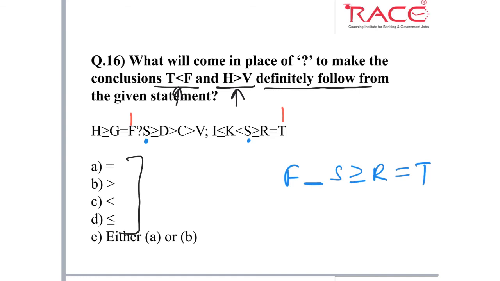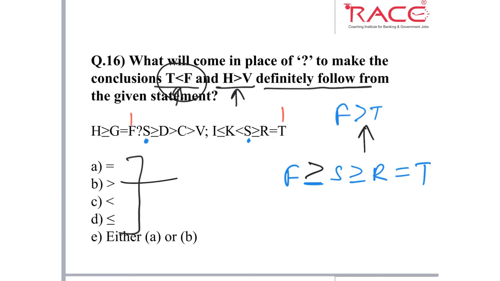So T less than F equals F greater than T. Okay. So now which sign can I put between these options? So I have to put this sign B. If I put greater than in place of this question mark, it satisfies this conclusion F greater than T, which is equivalent to T less than F. So according to the first conclusion, B.